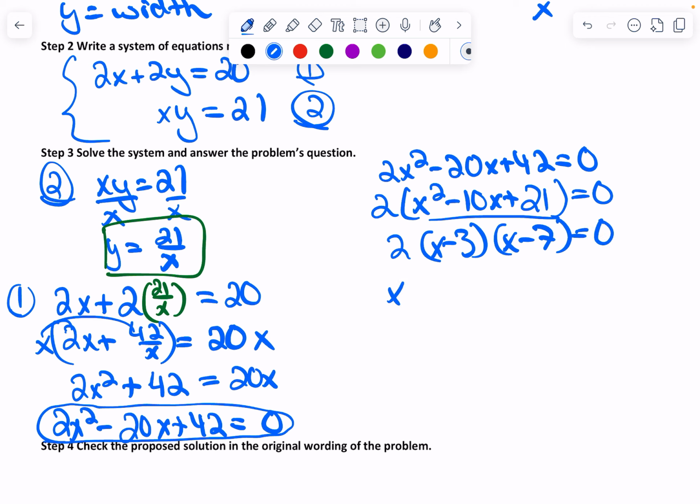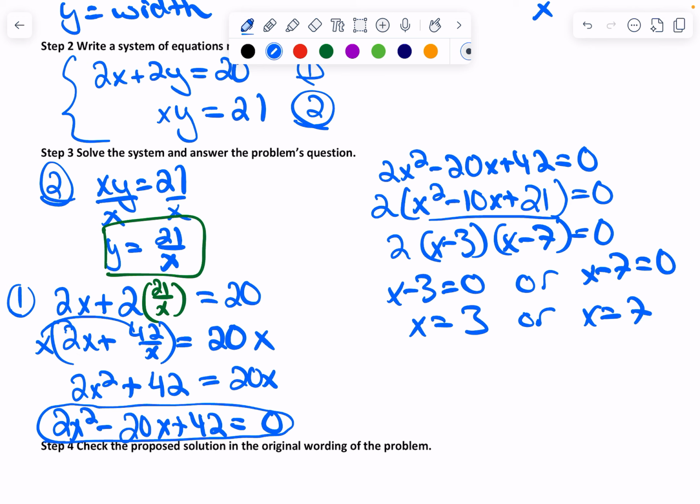So x minus 3 equals 0 or x minus 7 equals 0. So we've got x equals 3 or x equals 7. Now we need to go back and calculate our y. Y equals 21 divided by 3, so y equals 7.